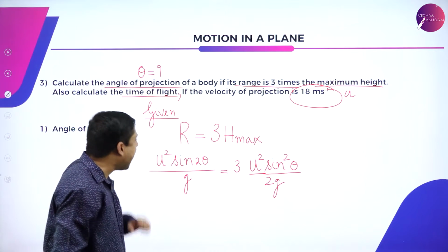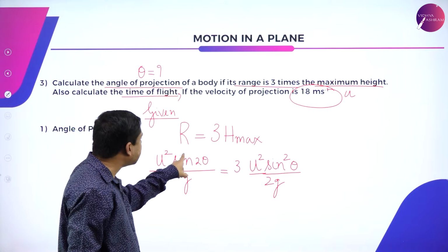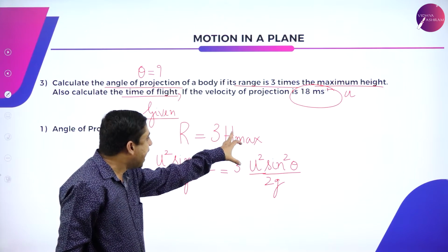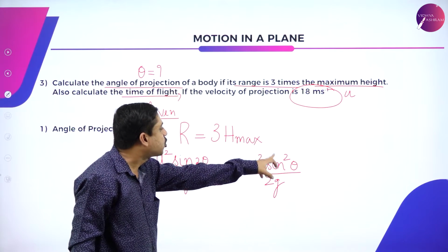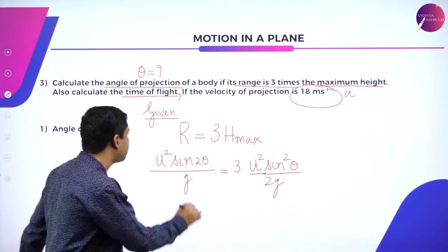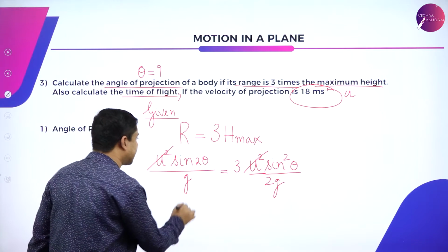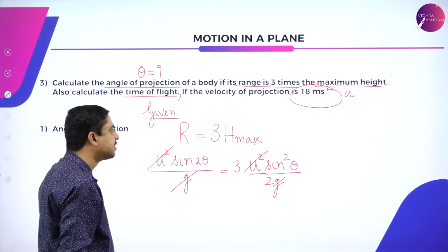Range is u square sine 2 theta by g. H max is u square sine square theta by 2g. 3 times that. U square gets cancelled, and g and g get cancelled.